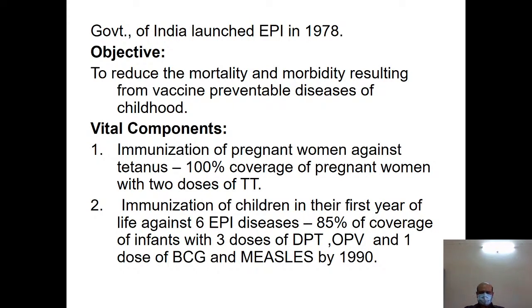The vital components are immunization of pregnant women against tetanus, with 100% coverage of pregnant women with 2 doses of tetanus toxoid, and immunization of children in their first year of life against 6 EPI diseases, with 85% coverage of infants with 3 doses of DPT, OPV, and first dose of BCG and measles by 1990.